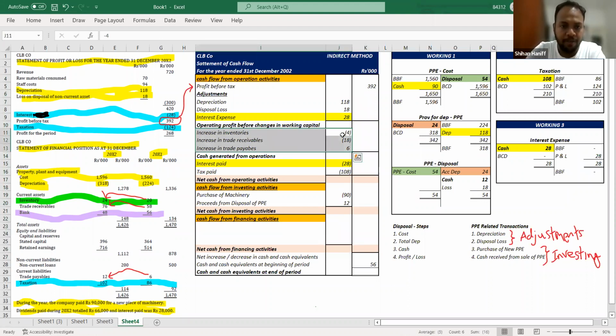Not in financing activity, it's changes in working capital. It's my mistake. Sorry. Okay.